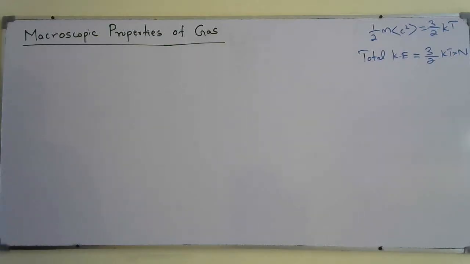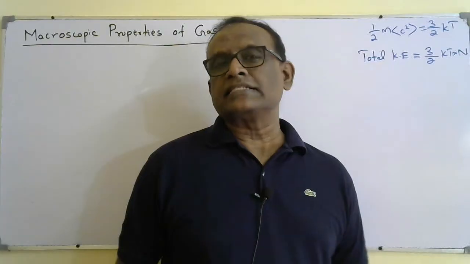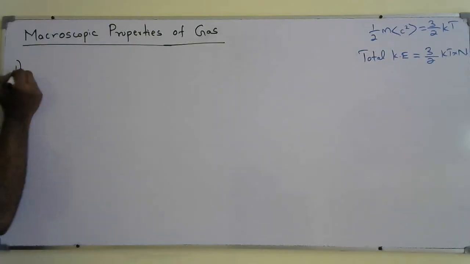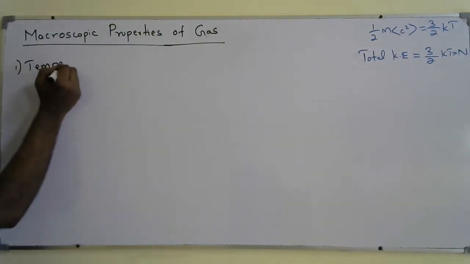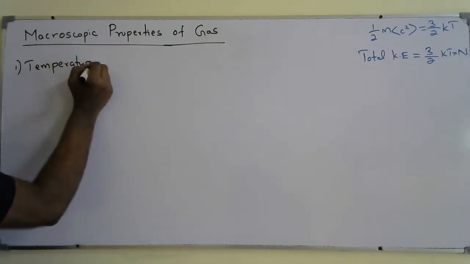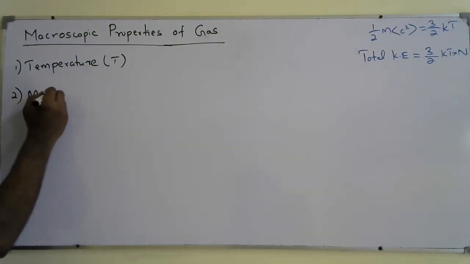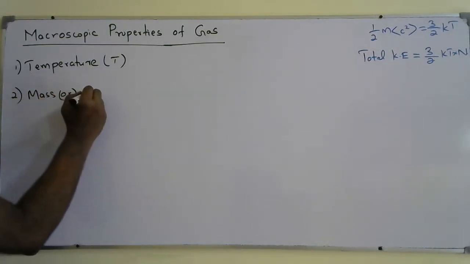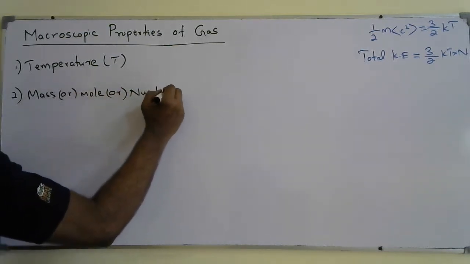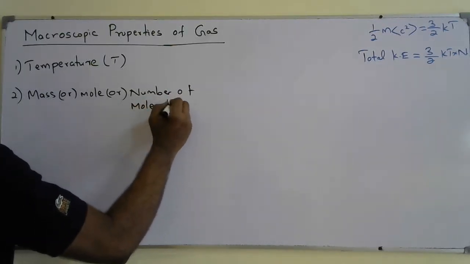Okay, so the next is macroscopic properties of gas. What are the macroscopic properties of the gas? It means the quantities that can be measured are called macroscopic properties. What are they? First one is temperature, denoted by T. Second one is mass or mole or number of molecules, or number of particles.